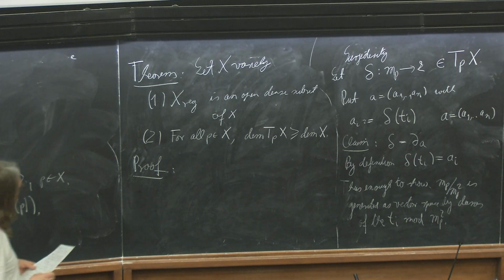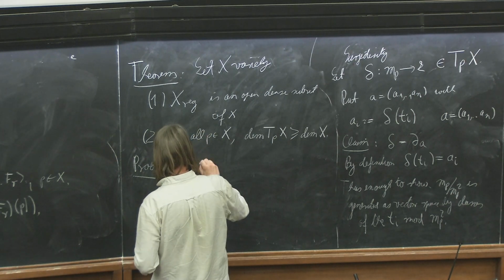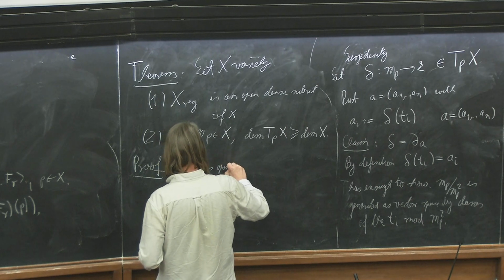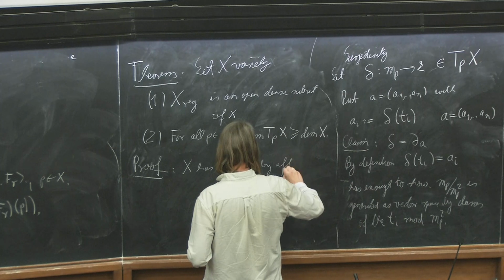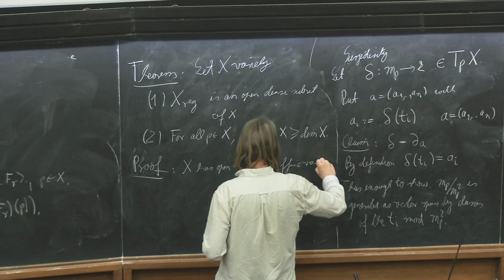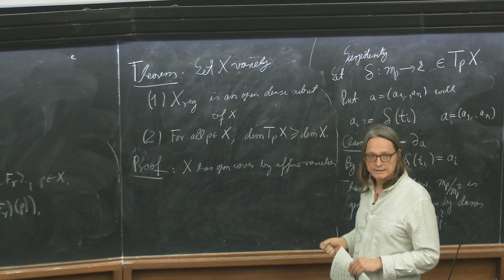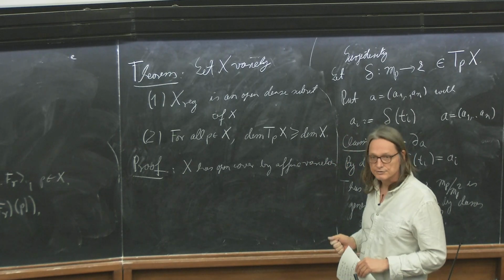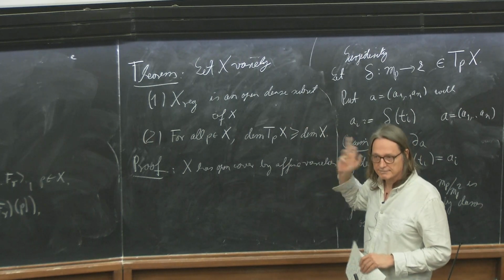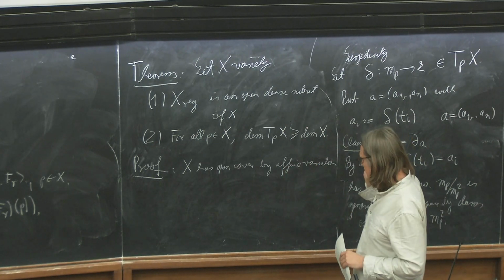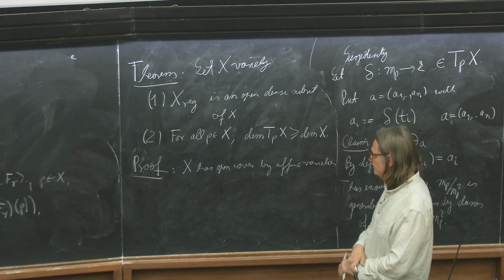So first we can reduce ourselves easily to the affine case. X has an open cover by affine varieties. And we want to check something at every point in X. So it's enough to replace X by an open subset in this affine cover, which is an affine variety.